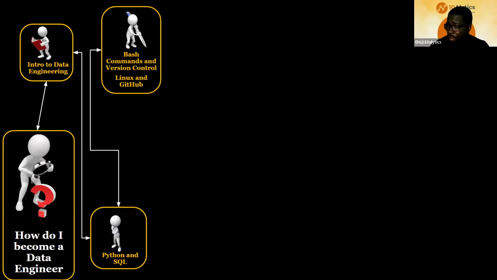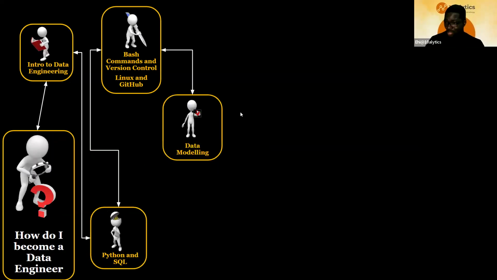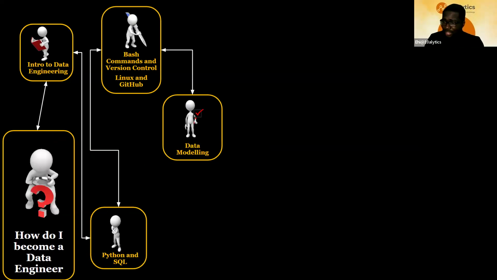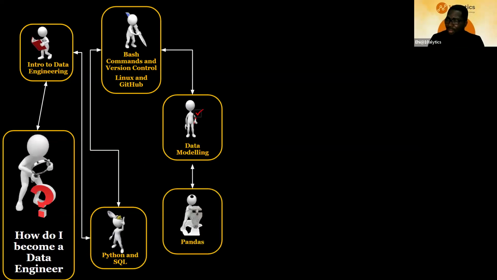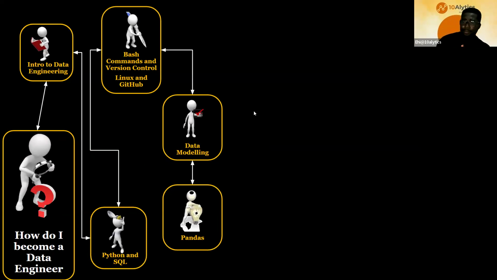Next, you learn about data modeling, how to build a database model. You learn the concept of normalization, how to design a database model and a data warehouse model. Then we teach you about pandas, what I just used in this work to manipulate and clean the data. You see those things I did with the dates? That was using pandas. We teach you how to do that.